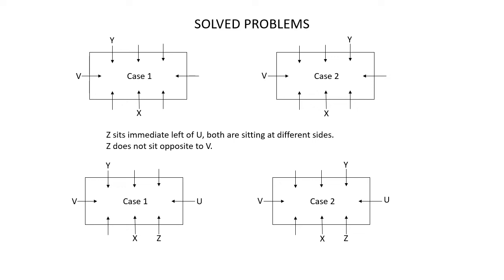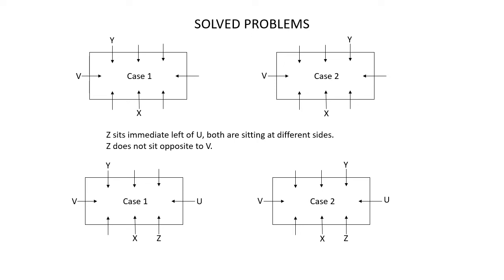So one of them has to occupy this position. But it's given Z does not sit opposite to V. So clearly this is not the position for Z. U sits in this position. And immediate left of U is this position for Z. So mark U here and Z here in case 1.